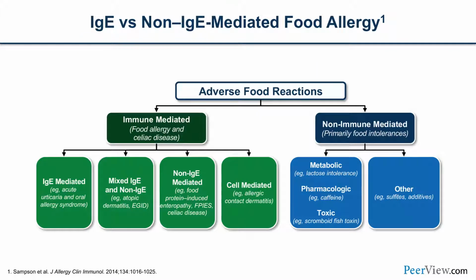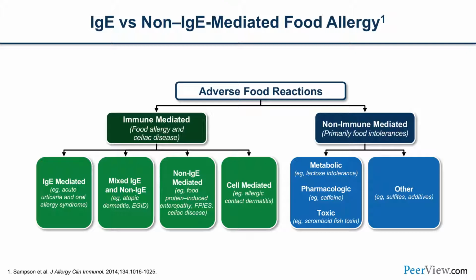Food allergies can be IgE-mediated or non-IgE-mediated. Immune-mediated food allergic reactions can be IgE-mediated, which we'll talk a lot more about during this talk. It can have mixed immune effects with IgE and non-IgE-mediated mechanisms that are typical in atopic dermatitis or eosinophilic gastrointestinal disease.